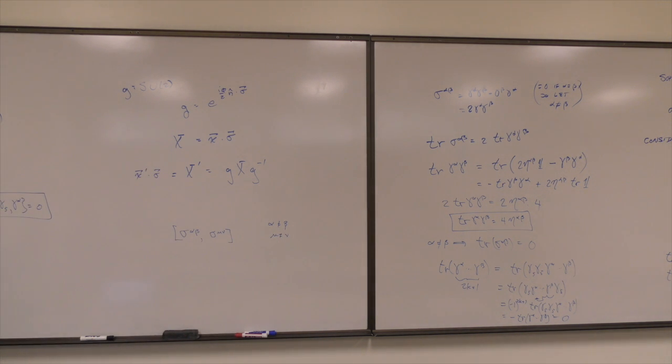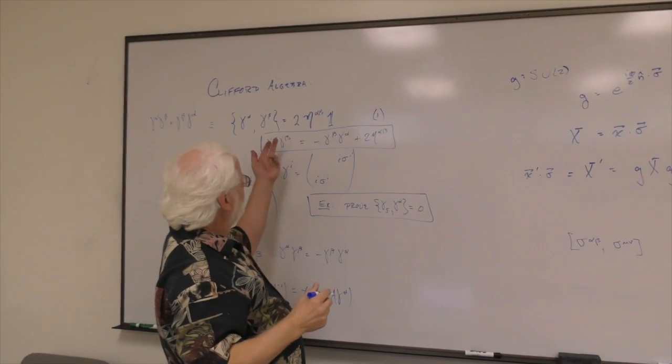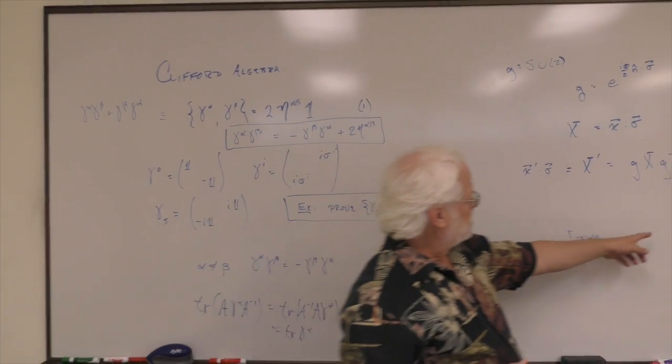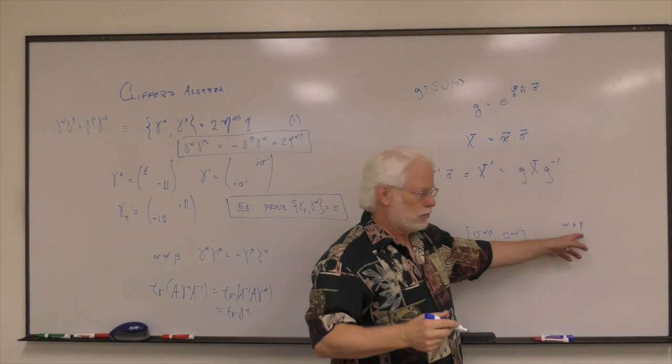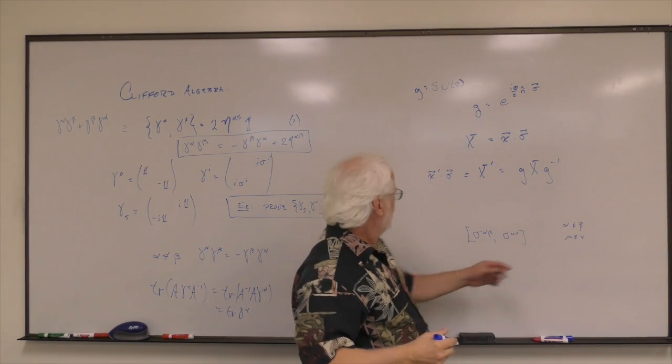So when you interchange orders, in general, from the fundamental commutation, you can write gamma alpha gamma beta in one order as minus gamma beta gamma alpha plus twice eta alpha beta. So use this to rearrange. Anytime you have to move an alpha past a mu or a beta past a mu or a nu, you're going to pick up an eta.